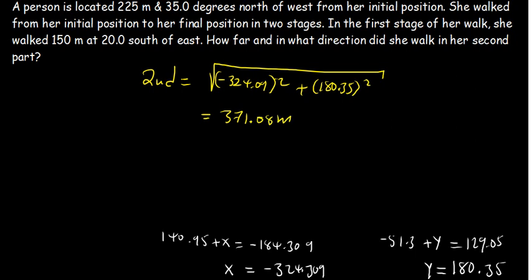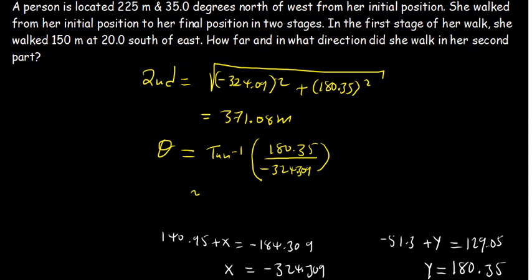We also need to find the direction given by theta. Theta is given by tan inverse of the y component, 180.35, over the x component, negative 324.309, and this will give us approximately negative 29.08.